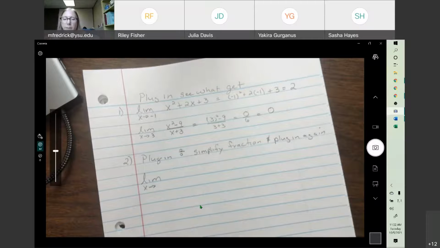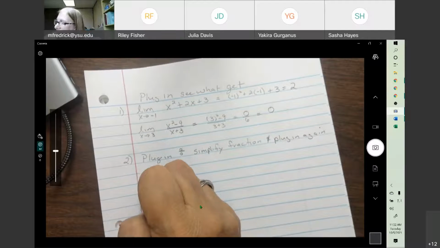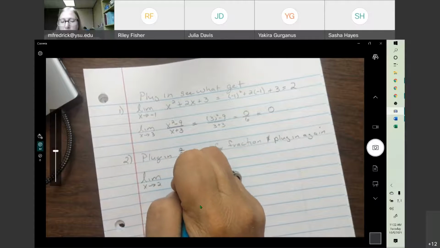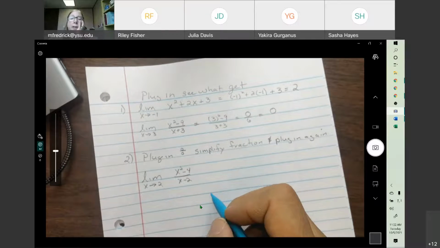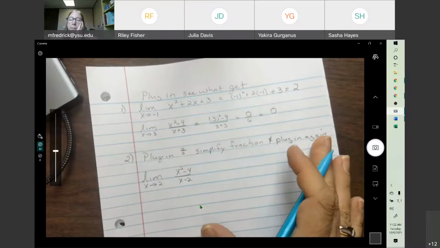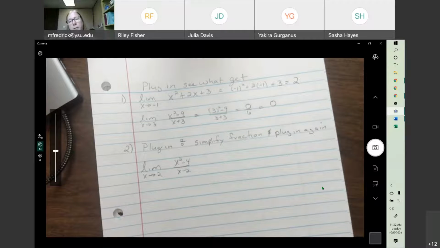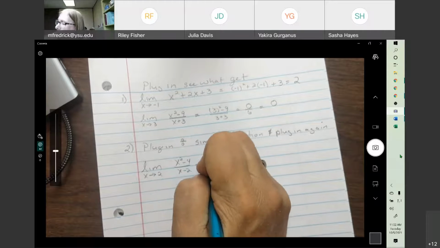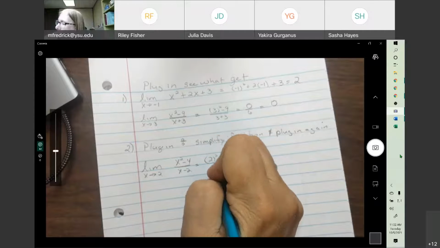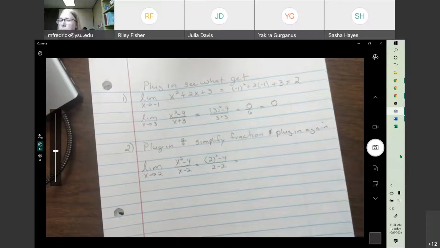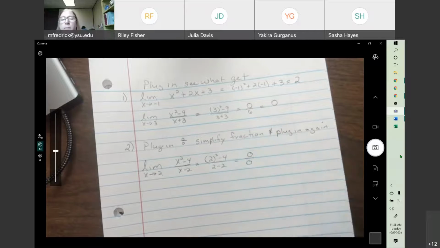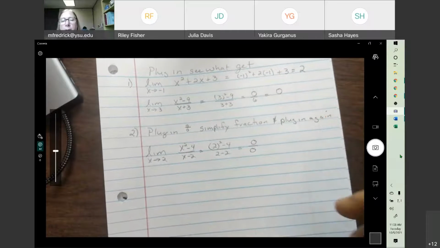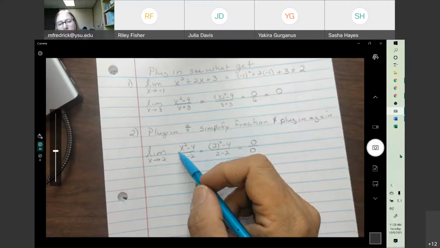Our first problem that we did, the limit as x approaches 2 of x squared minus 4 over x minus 2. If we try that by just plugging in, what happens? We get 0 over 0. That's because there's a common factor in here.